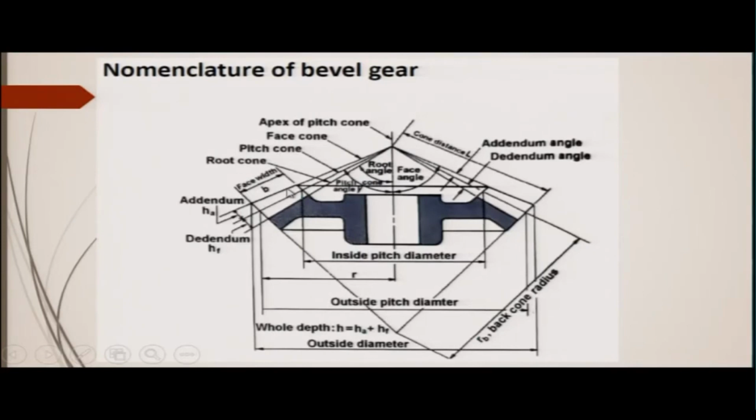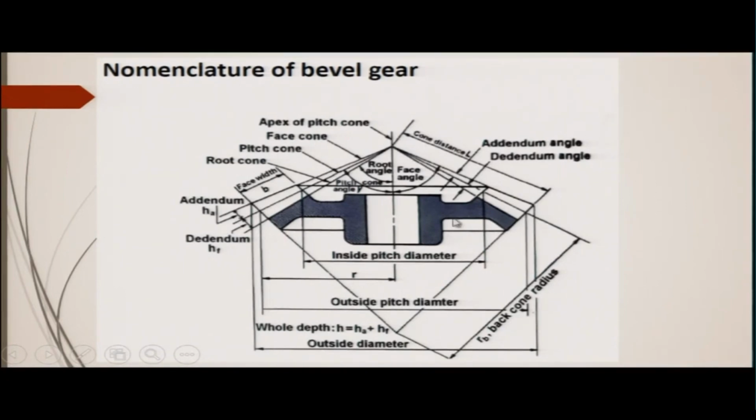Now, from the point where these lines, because these are cones, meet, to the extreme end point of the bevel gear, this is called the cone distance, which is L. This is the apex of the cone.